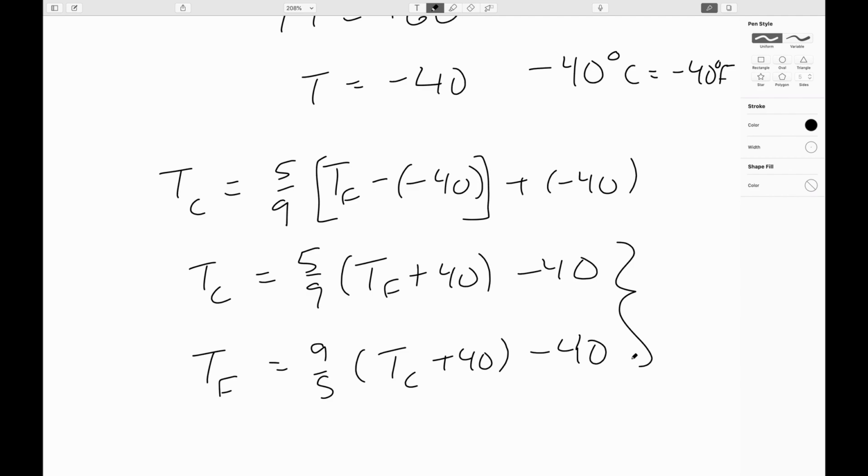Then subtract 40. So add 40, multiply by 5/9 if you're going to Celsius, 9/5 if you're going to Fahrenheit, and then subtract 40. I don't know if you like that any better or not, but it's at least a way, if you're having a hard time remembering whether you should be adding or subtracting 32s, where you just always remember: add 40, do the thing, then subtract 40.